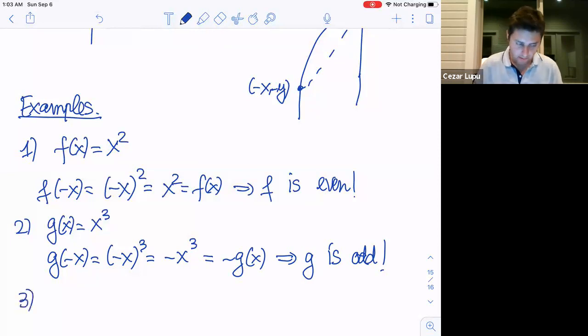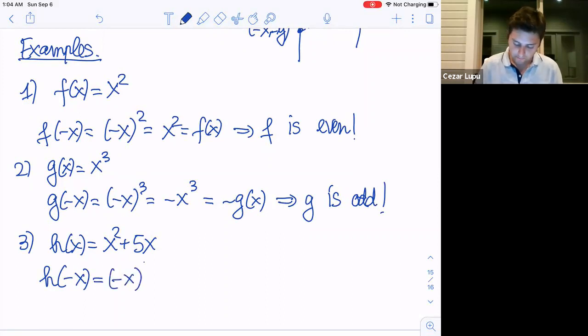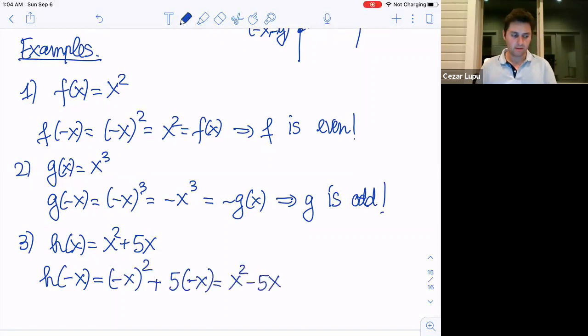The third one, let me take this one, h of x, which is x squared plus 5x. And something funny happens here. If we evaluate h of negative x, this will be negative x squared plus 5 times negative x, which is x squared minus 5x.